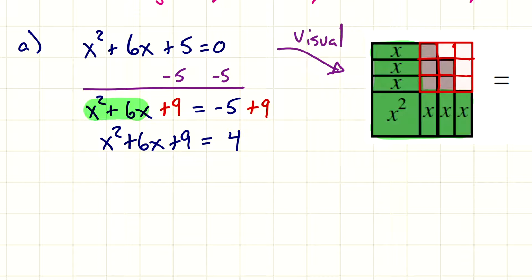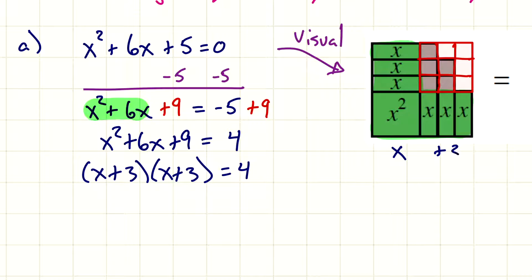All right, now our goal is to factor the left side. So this is going to end up being x plus 3 times x plus 3 equals 4, which you should see in this picture as well. This is an x plus 3 and an x plus 3, right? You'll notice there's 3 x's and 3 x's. So if you have that picture, it kind of makes it easier. You don't actually have to do a separate area model for it.